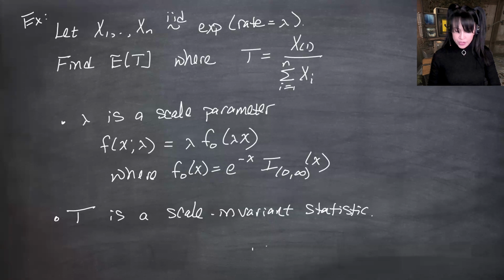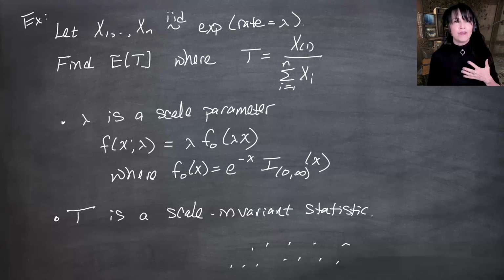So if I have a bunch of data points and I multiply by a positive constant c, a negative could cause trouble, then everything gets multiplied by c, whether that makes them go up or down if c is less than 1. But the minimum of the new data is c times the old minimum. And if you sum up c times the xi, you just get c times the sum of the xi.